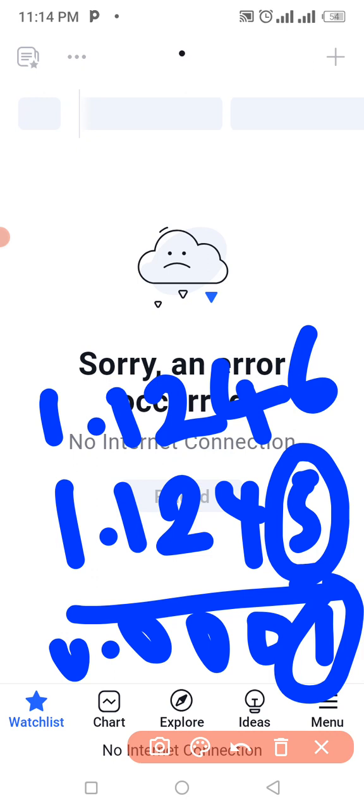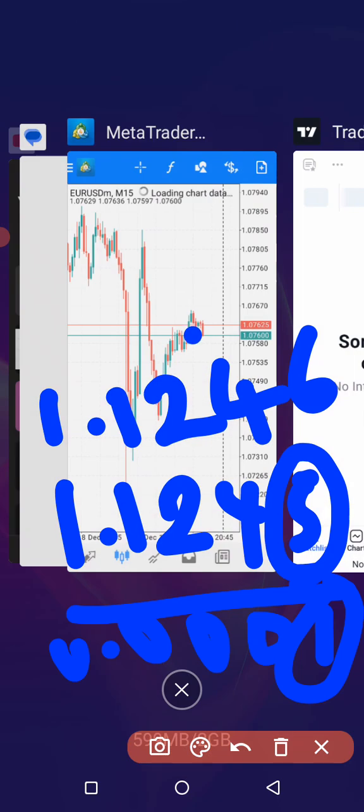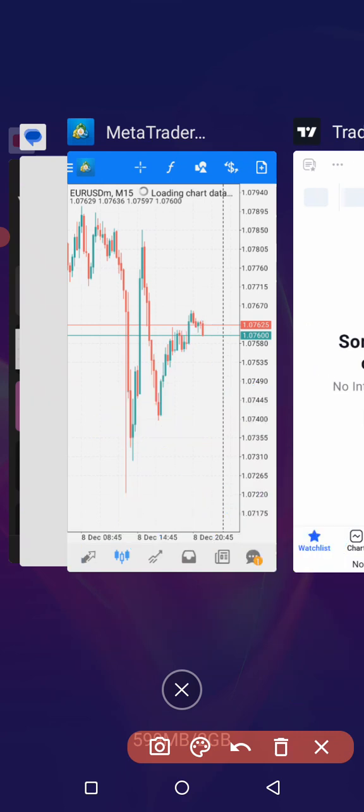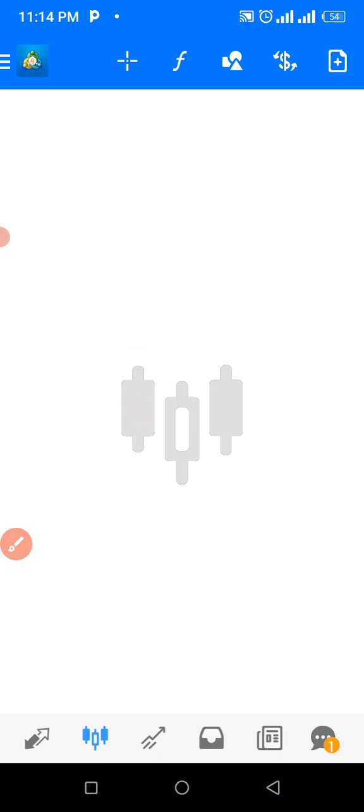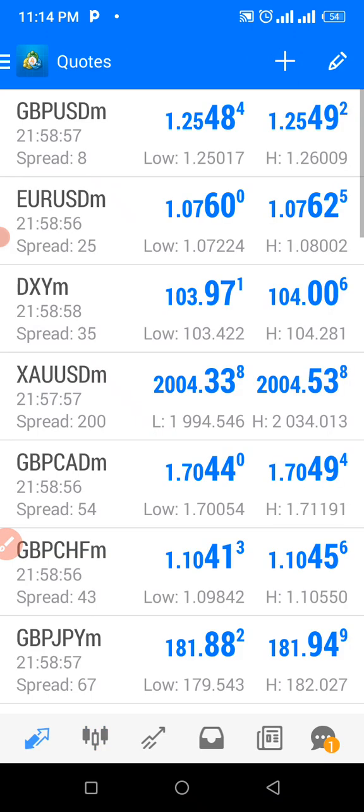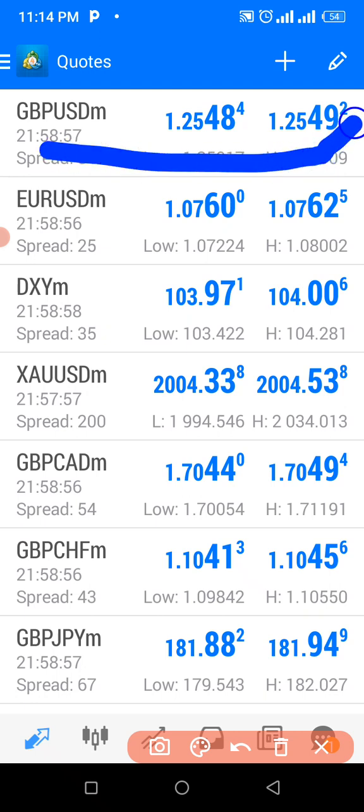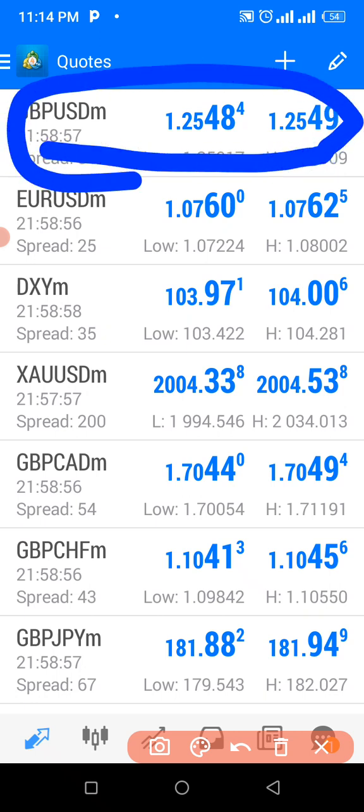When the price increases and you are selling, if you have your normal chart, for instance, this is my MT4 trading platform. Okay, see what we are talking about now. Here we have GBP USD.